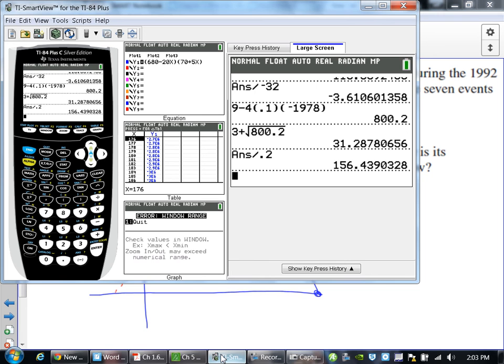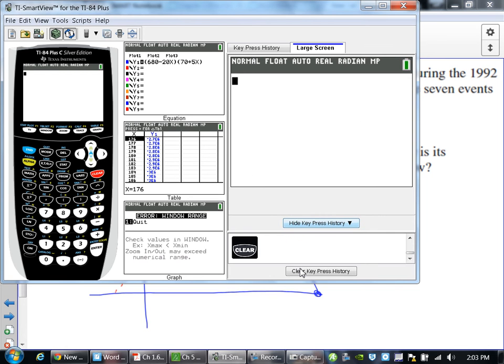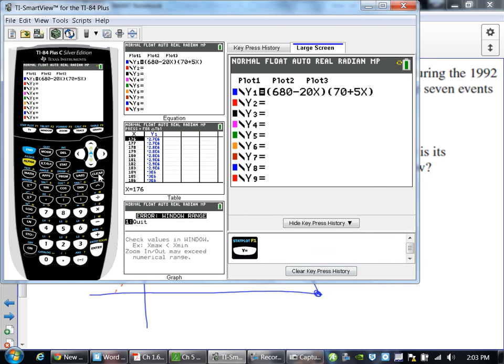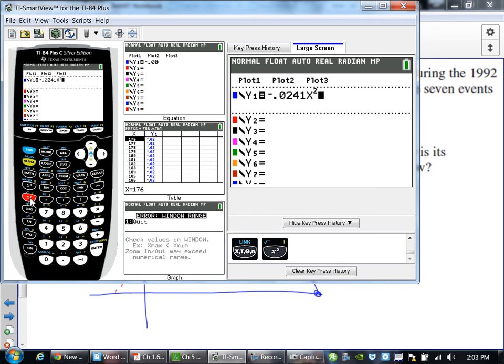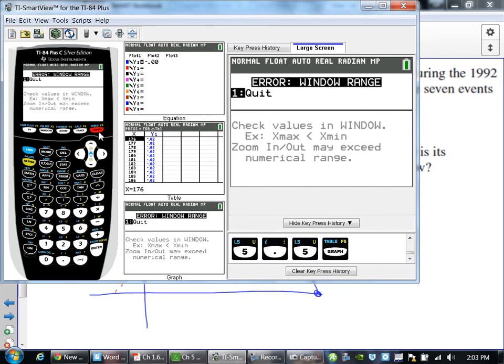Here we have, let me clear this up. Y equals, what was it, negative 0.00, not 2 0, just 1 0, yeah, 2 4 1, x squared plus x, just plus x, and then 5.5.